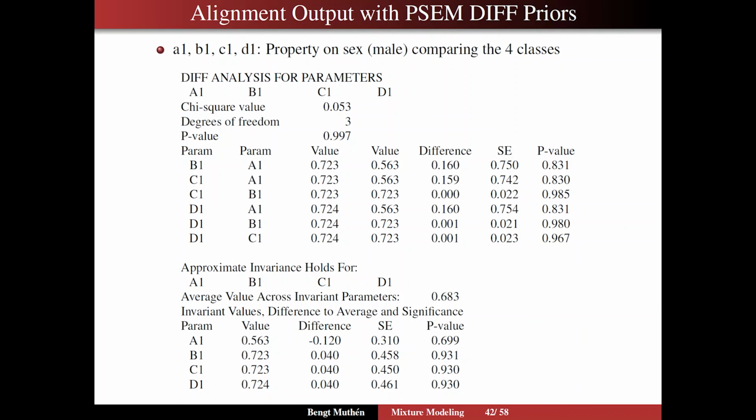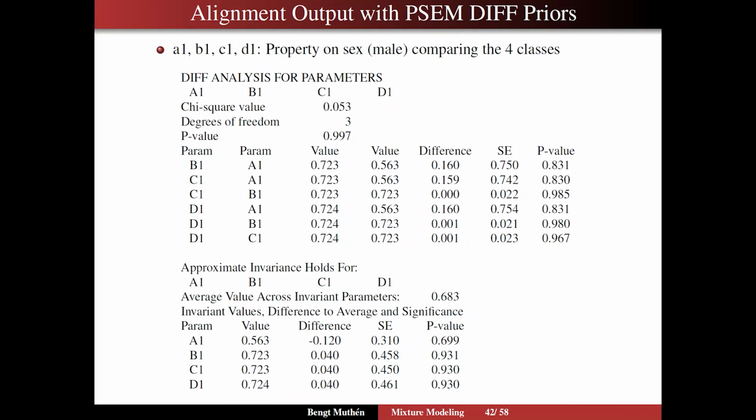So on slide 42, you see the alignment option with psum diff priors. And again, let's remind ourselves about what we have here. The letters refer to the four classes, A, B, C, D. And the numbers refer to the direct effects.